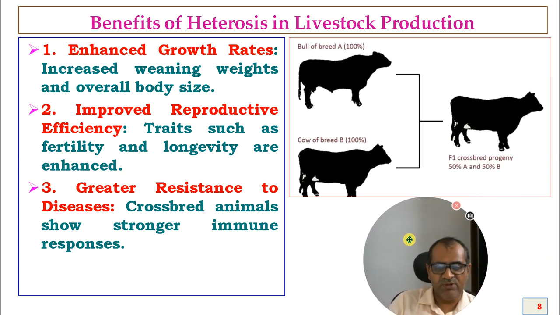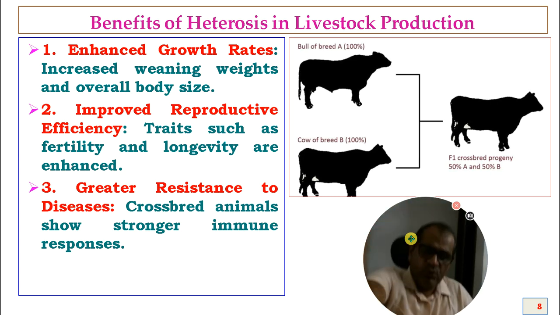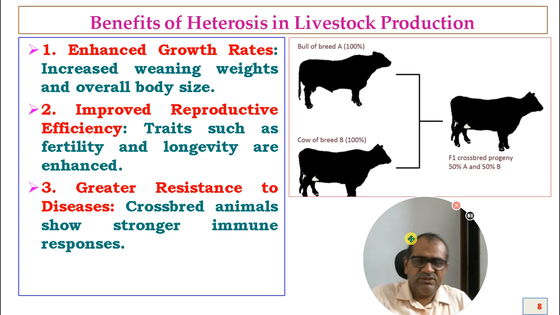And the benefits of heterosis in livestock production. You might have heard this, especially as undergraduates, but we always forget it, so it is better to learn it once again. Here, enhanced growth rates like increased weaning weights and overall body size will be there.